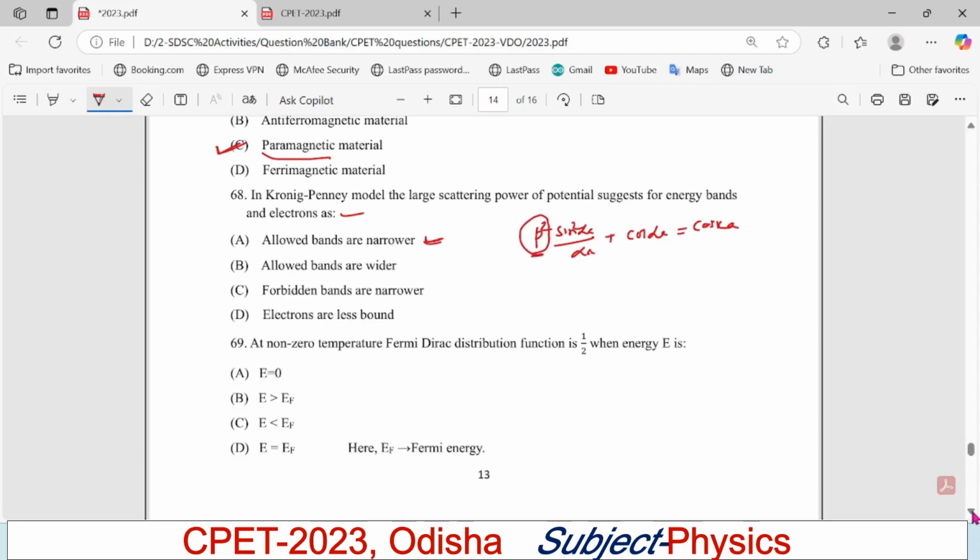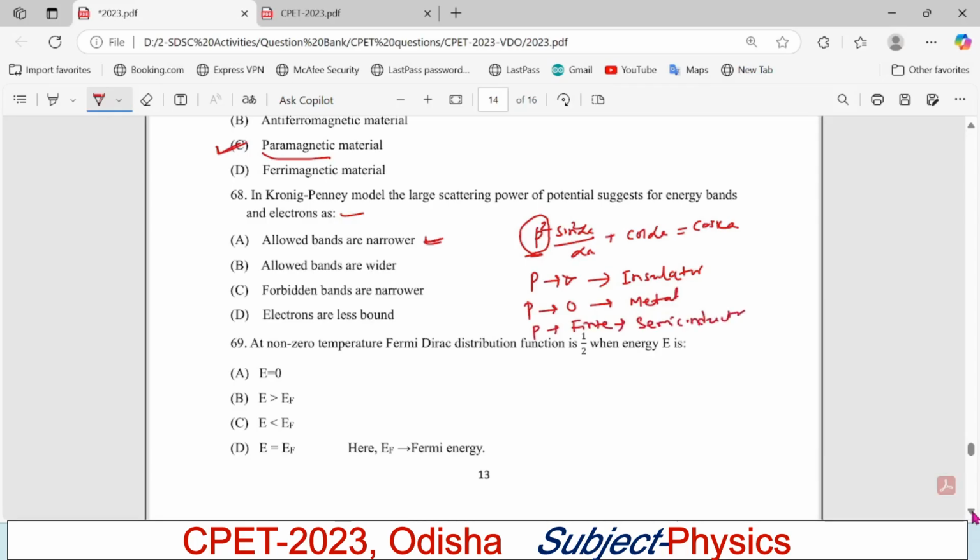If P tends to infinity, the material acts as an insulator. You just remember, if P tends to 0, it acts as a metal, and if P is finite, the material acts as a semiconductor.